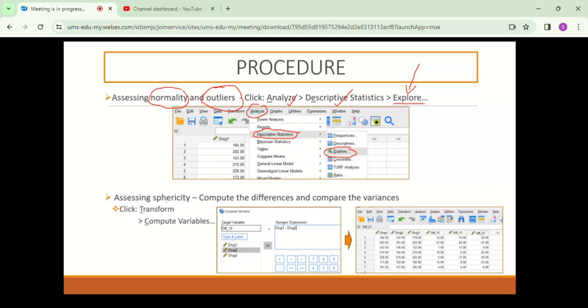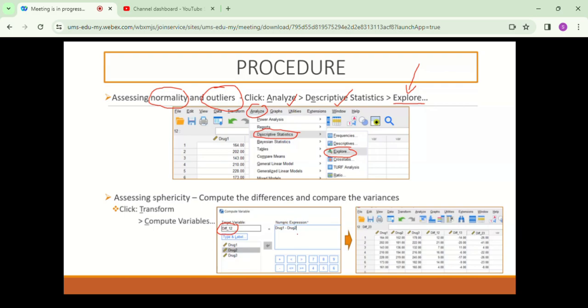For sphericity, you need to go to Transform and compute the differences. You go to Transform, Compute Variable, and let's say the target variable is difference 1_2. It means the difference between time point 1 and time point 2, or the difference between drug 1 and drug 2.